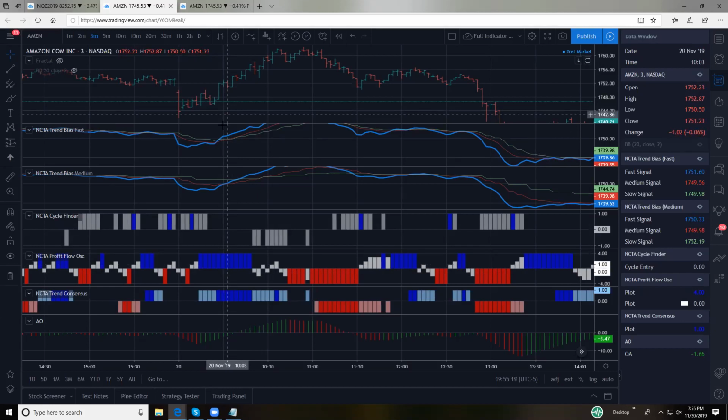So at 10 o'clock, there was a super cycle on Amazon, and it went from 1751.83 all the way up to a high of 1762.02. Let's just say 11 points. It went up about 11 points.